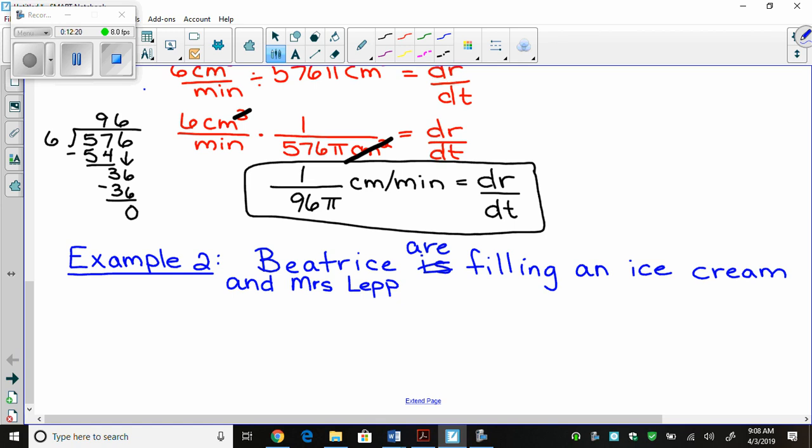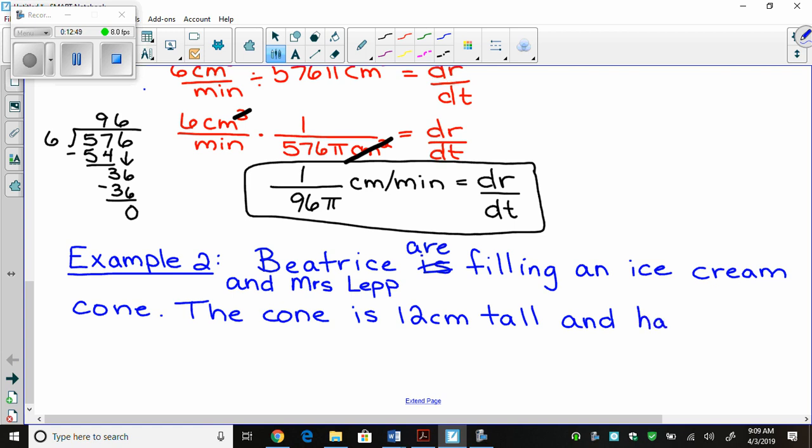Okay, filling an ice cream cone. The cone is 12 centimeters tall. So this is why we need 2 people. It's a massive cone, okay? That's a large cone. Yeah, we need 2 people. 12 centimeters tall and has 12 centimeters would be half of a ruler.